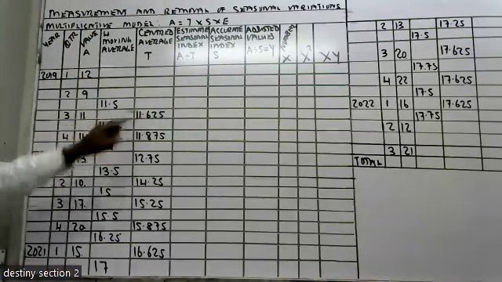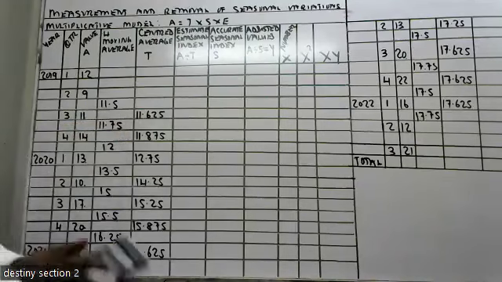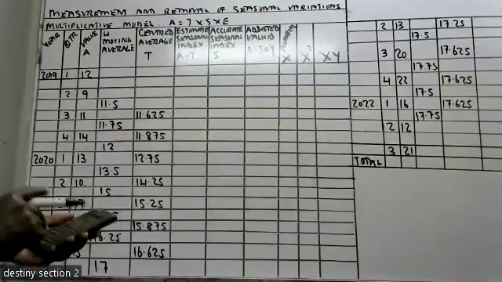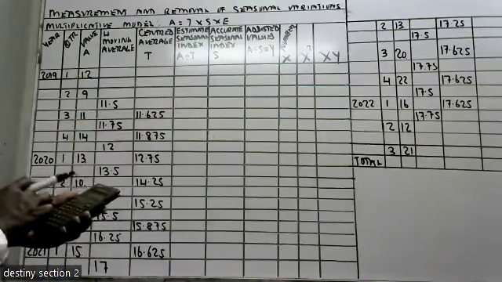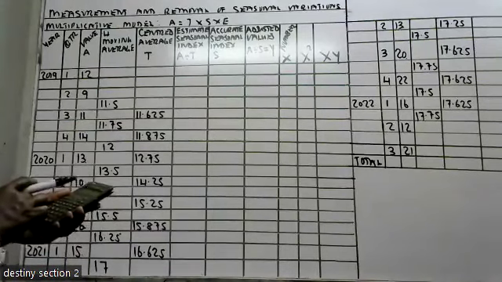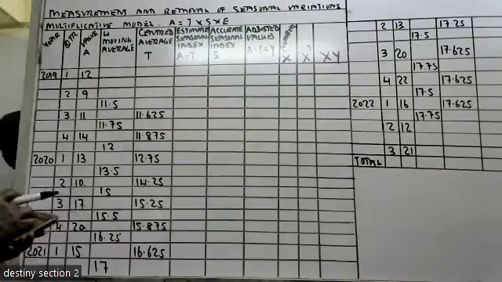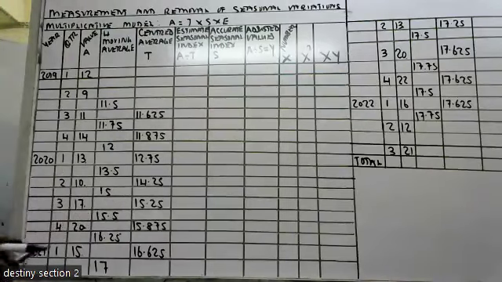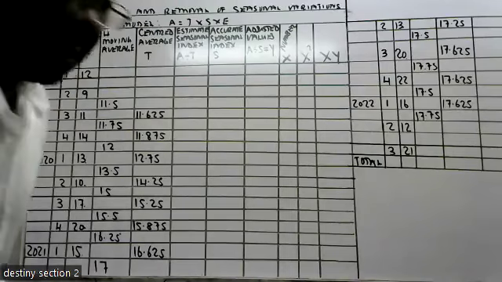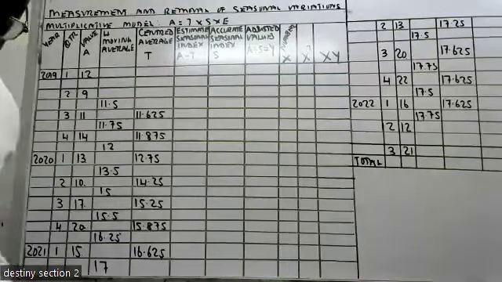So 11 divided by 11.625, and we can confine ourselves to 4 decimals.